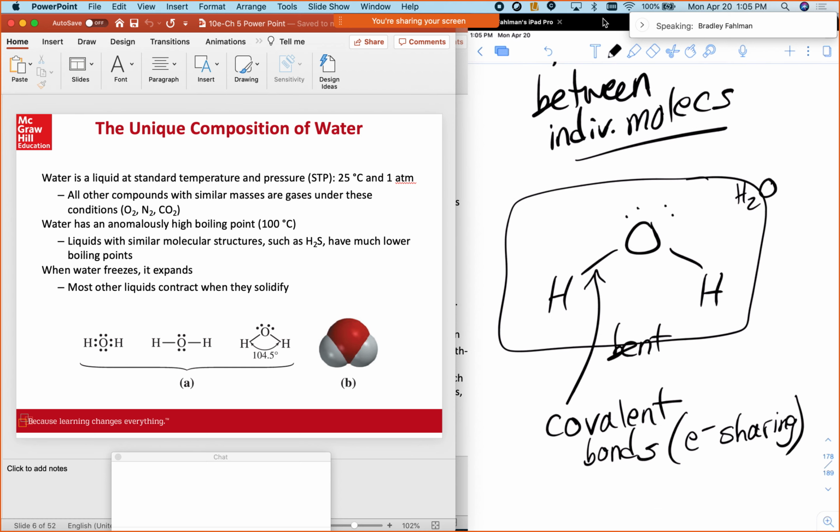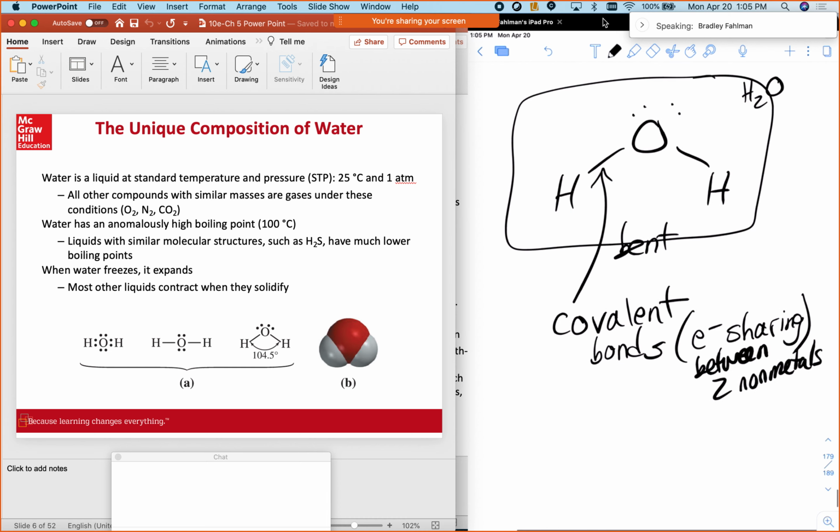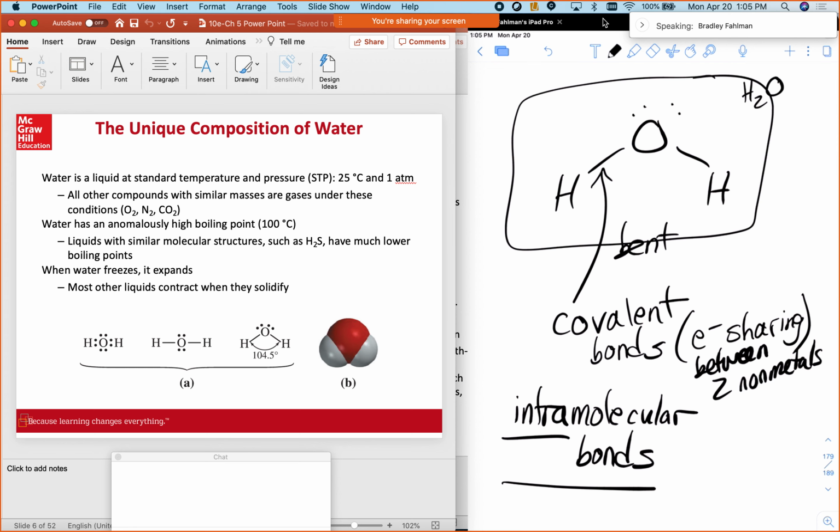And to be even more explicit, covalent bonding is electron sharing between two nonmetals. Okay? And so these are really referred to as intramolecular bonds. Okay? So that is within one molecule, a single molecule.